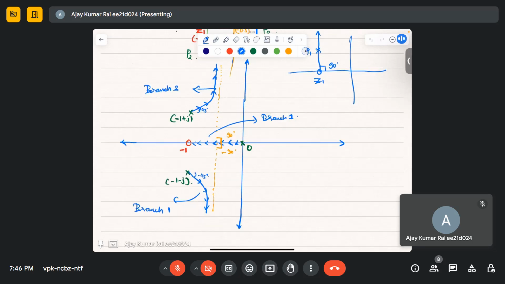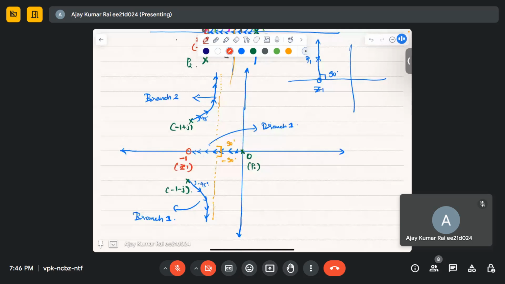So you can see one branch is going from pole to 0. Here you see this is pole, and this is 0, and the other 2 branches are going from pole to infinity because we don't have 0. So they will be terminating at infinity.